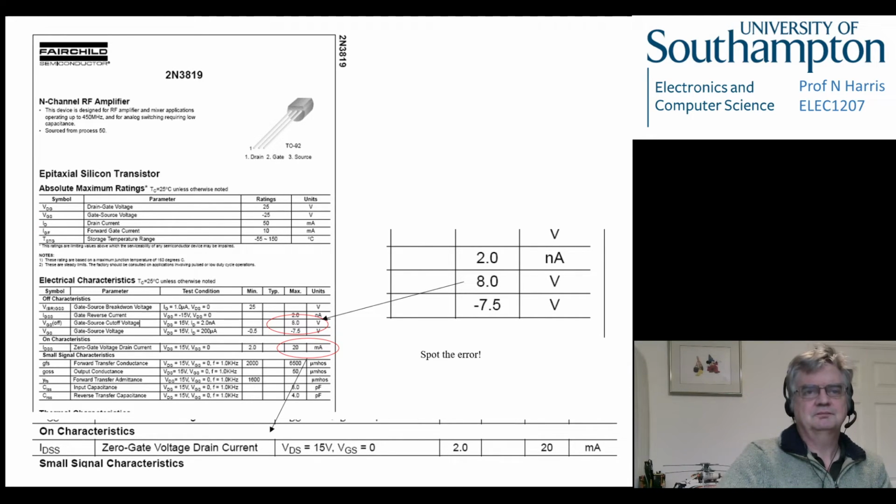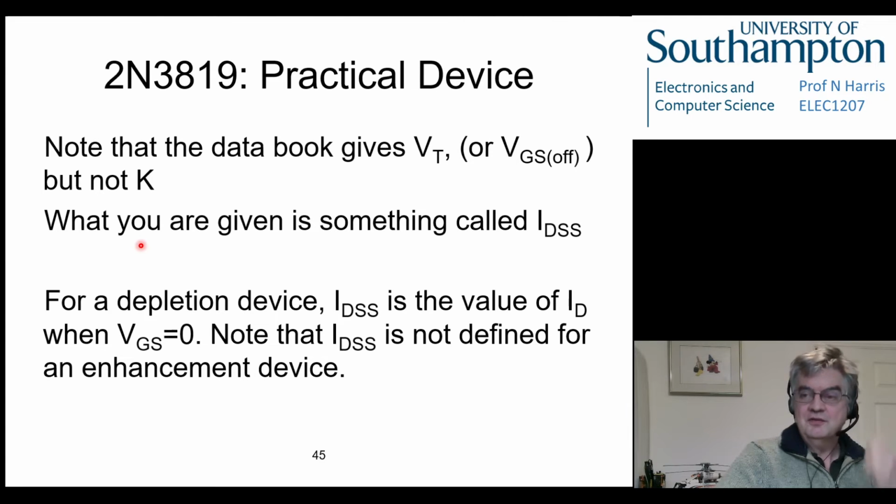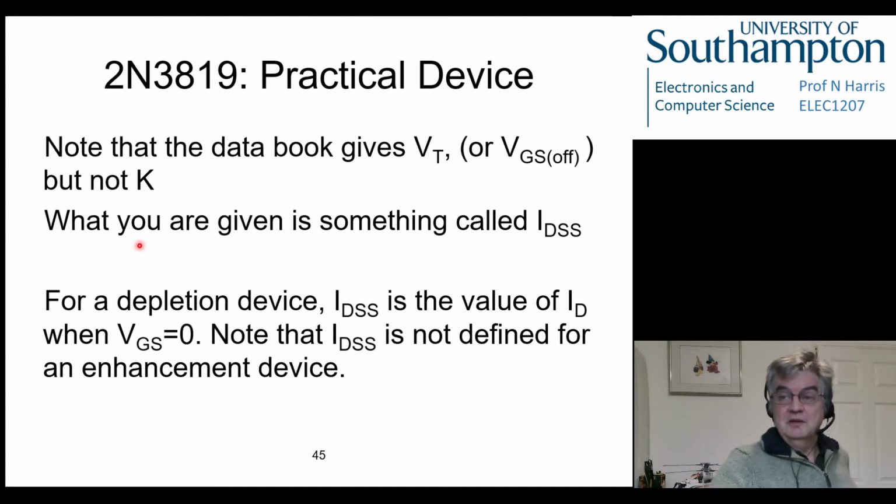So historically, for JFETs, for some reason they don't give you that value. But what you are given is something called IDSS, and IDSS is the maximum current through the device, and it's defined when the gate voltage is at 0. And this can't be defined for an enhancement device. If you look at the graphs, it'll be obvious why. But it only really applies to JFETs.